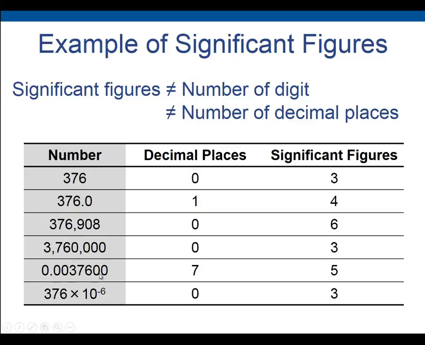How about this one? Decimal places is 7: 1, 2, 3, 4, 5, 6, 7. How about significant figures? It ends with 0, with a decimal point. So in this case, 5. Here, no decimal point, 0 decimal places. What are the significant figures? 3, 7, 6.